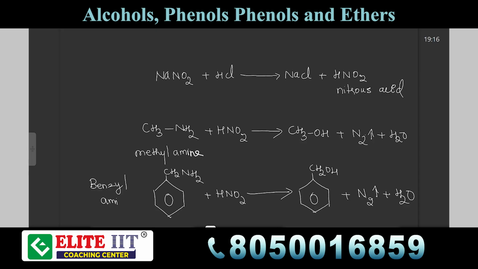B2H6, diborane. BH3 twice we call B2H6. Whenever you treat it with B2H6, we get a primary alcohol. B2H6 in presence of H2O2 is called a hydroboration reaction. So we are supposed to get a primary alcohol, which we call option C.